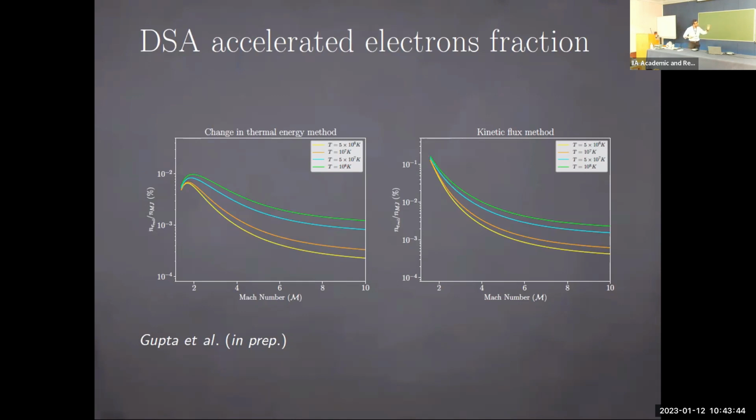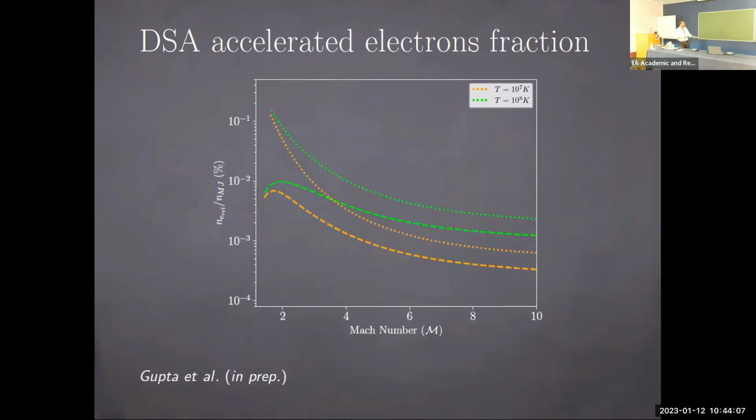Whereas for the kinetic energy flux transfer, this fraction goes to 10 to the power minus 1%. So we usually think that if you are getting a high number of electrons at low Mach number, there is a possibility that you may receive high radio synchrotron emission as well. This is just for the comparison part.